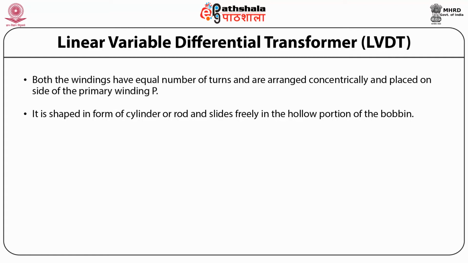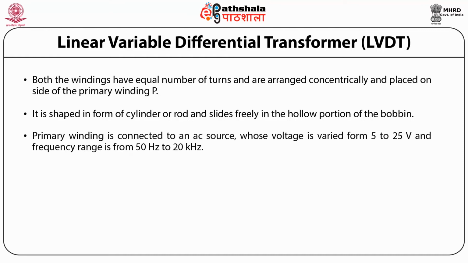To avoid eddy current loss, nickel iron alloy is used as the core material, positioned longitudinally. The primary winding is connected to an AC source whose voltage varies from 5 to 25 volts and frequency ranges from 50 Hz to 20 kHz.